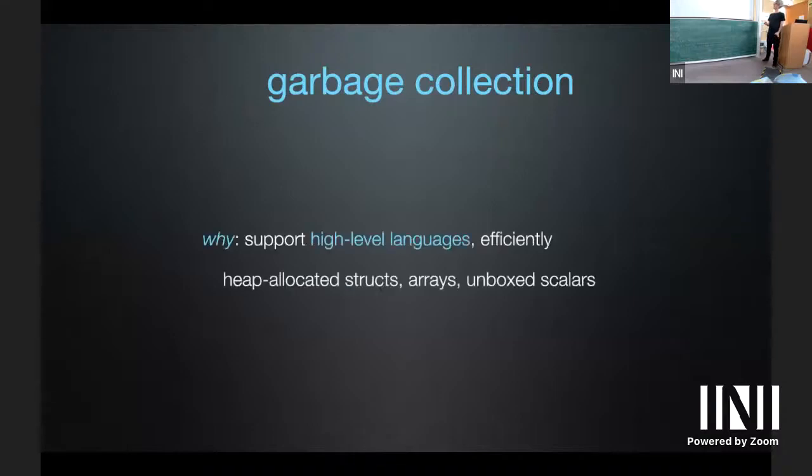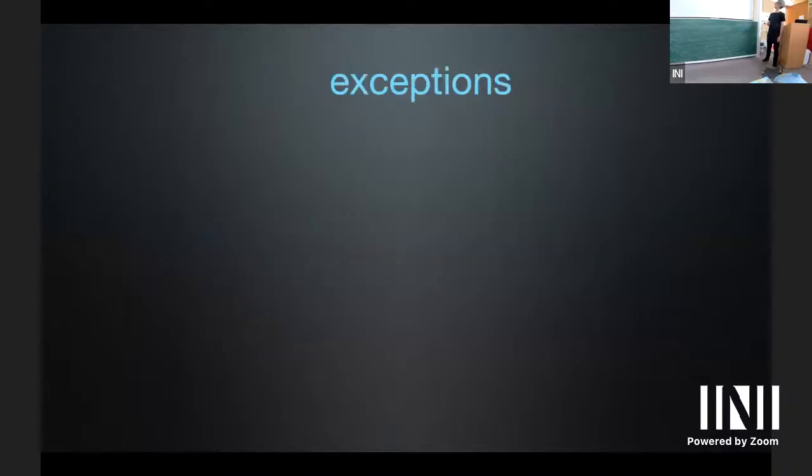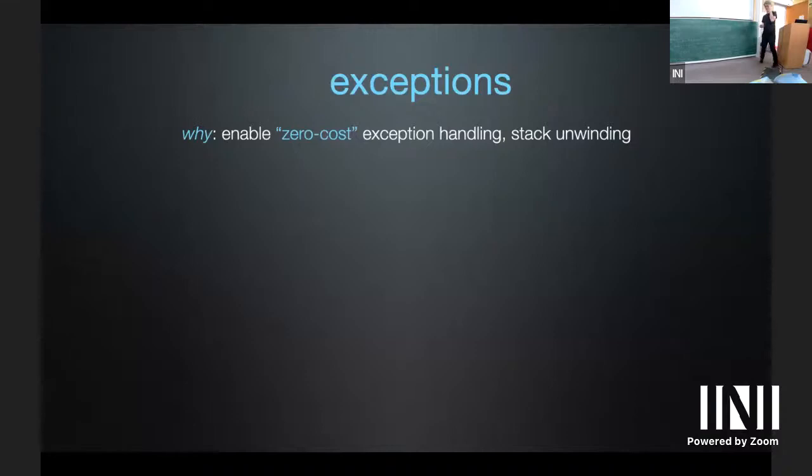Similarly, with garbage collection, I will talk about that tomorrow. Then there's the exception proposal, where the goal was to fill the main missing bit, or one of the two missing bits, to support C++ compilation.